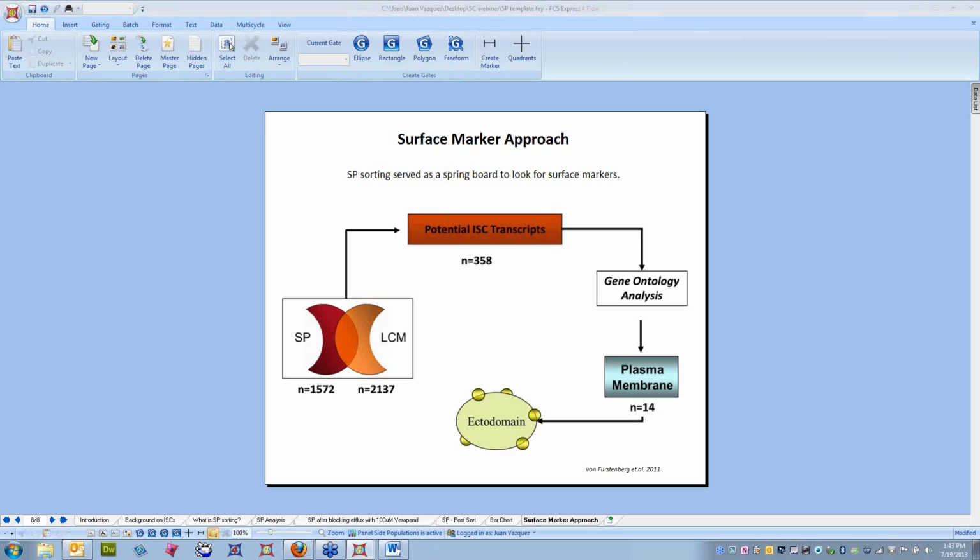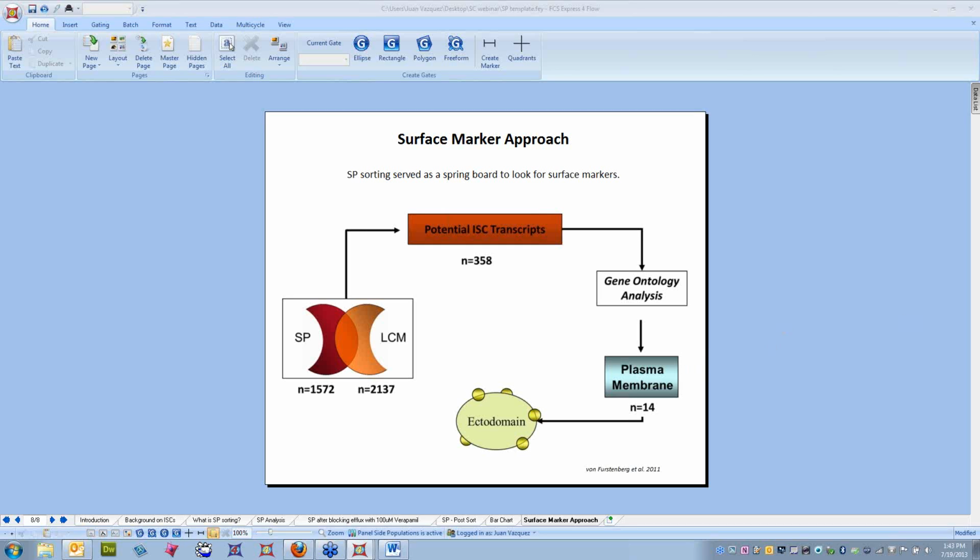And this capture from the crypt base has Paneth cells down there, and we don't want those. So we took this laser capture from a mouse that didn't have Paneth cells, and we crossed it with a side population. So although they both have contaminants, they don't have any contaminants in common, or that was our thinking.